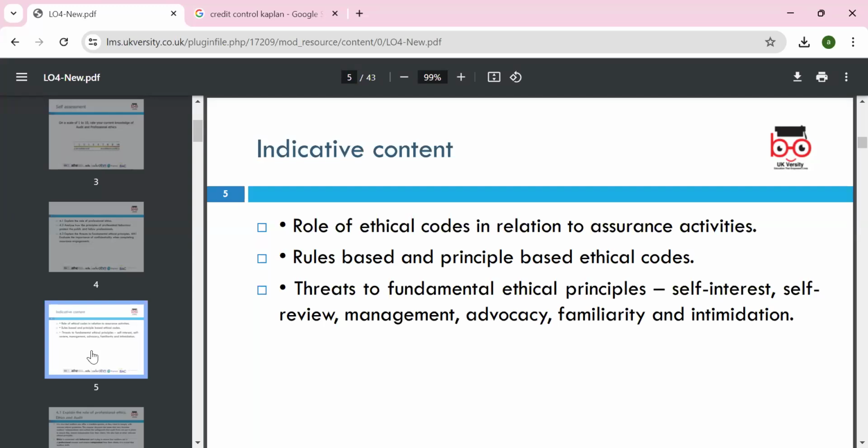The threats are fundamental. First, self-interest: we should not work toward self-interest, because the financial statements need to be true and fair. If the financial statements are not true and fair, this leads to compromising our objectivity and integrity.